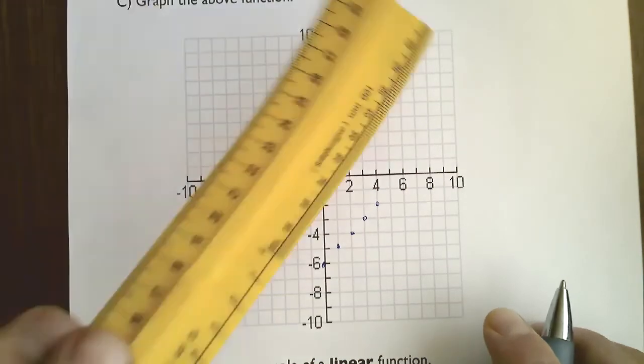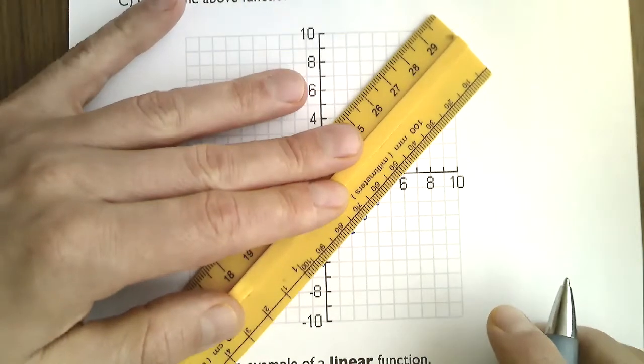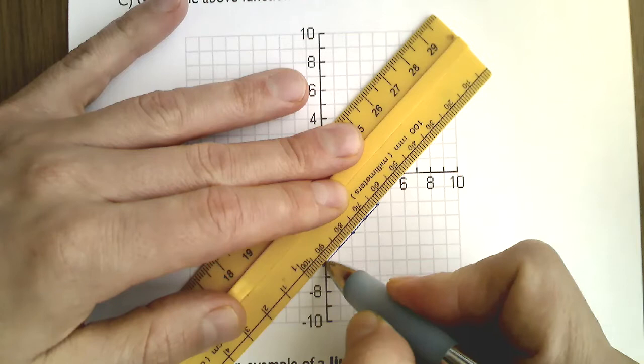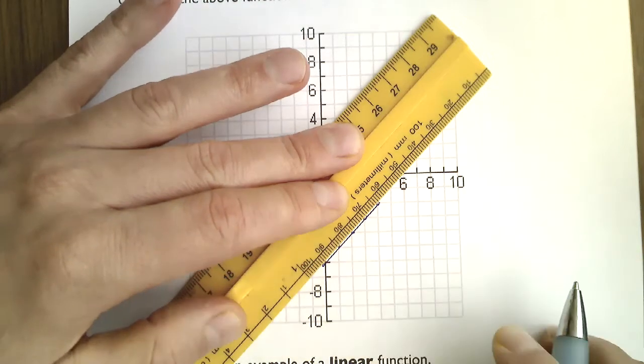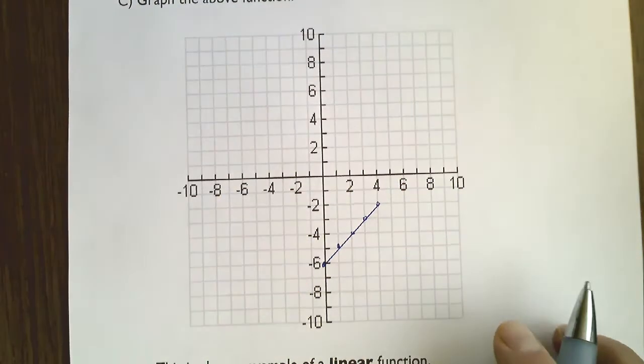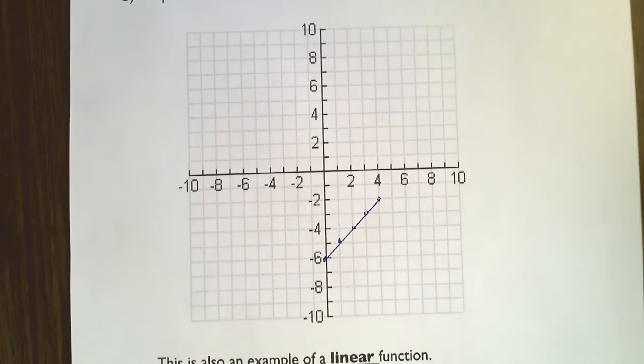And when I connect these points together, I will obtain a straight line. Therefore, this example represents a linear function.